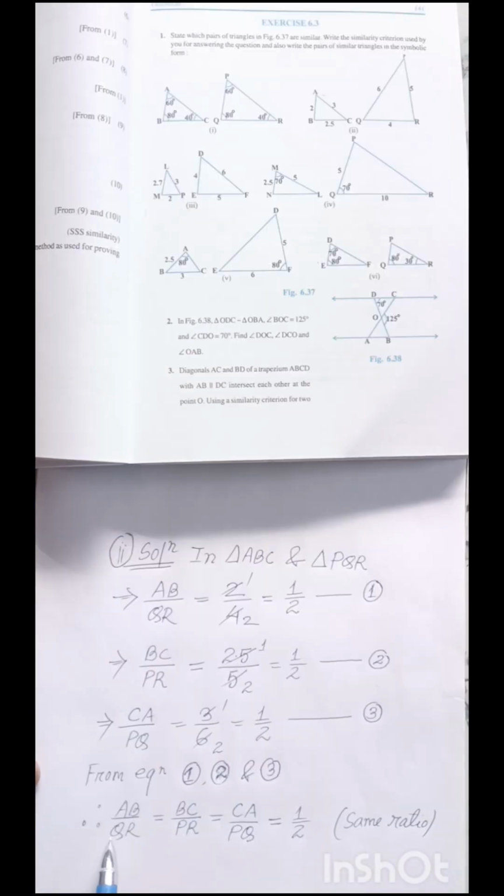Therefore AB by QR equal to BC by PR equal to CA by PQ equal to 1 by 2.